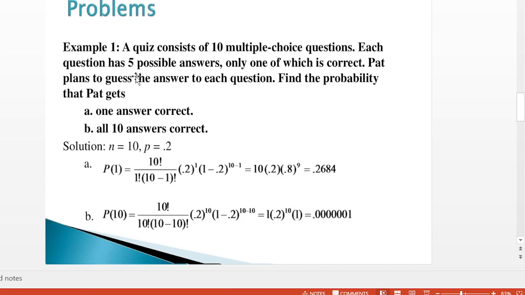In such a case, we use the binomial distribution. The probability mass function of the binomial distribution is P(x) equal to nCx p^x q^(n-x). From the given question, n is 10, p is equal to 0.2 and q is 0.8.